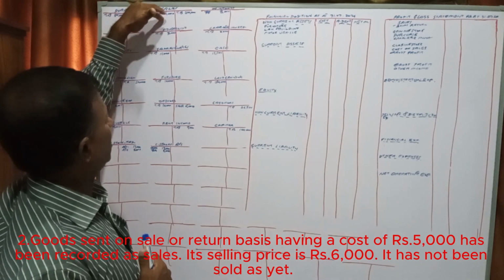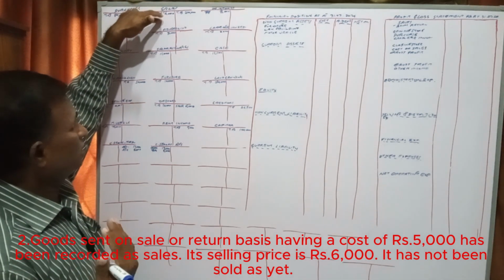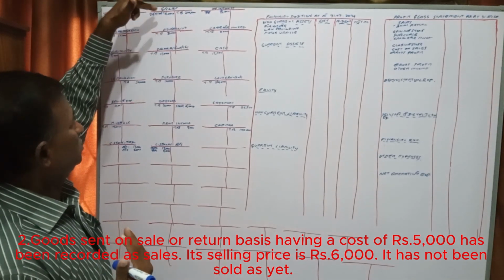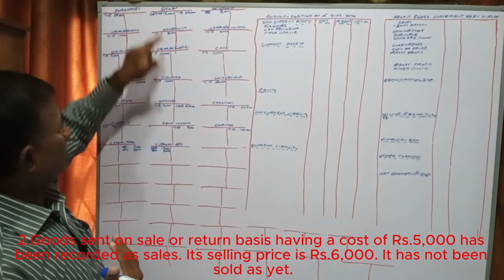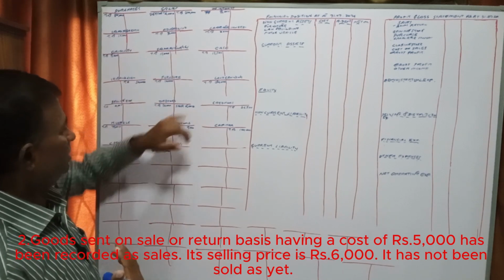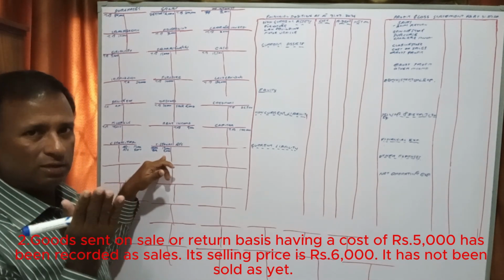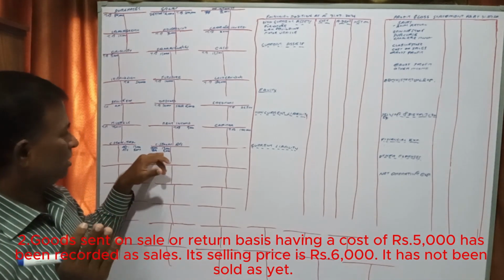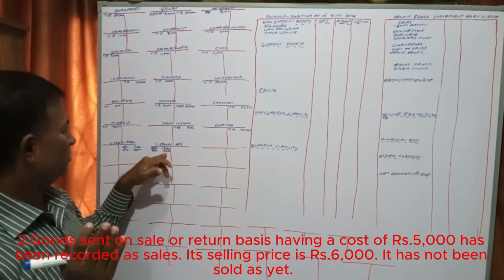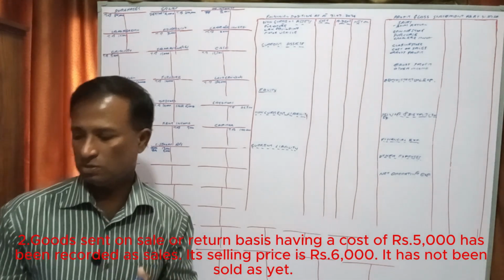That has to be removed from the sales, 6,000, because the sale was not actually done. So sales account debit and credit the debtors account. The same amount should be added to the closing stock: closing stock account debit to the balance sheet and credited to the trading account.